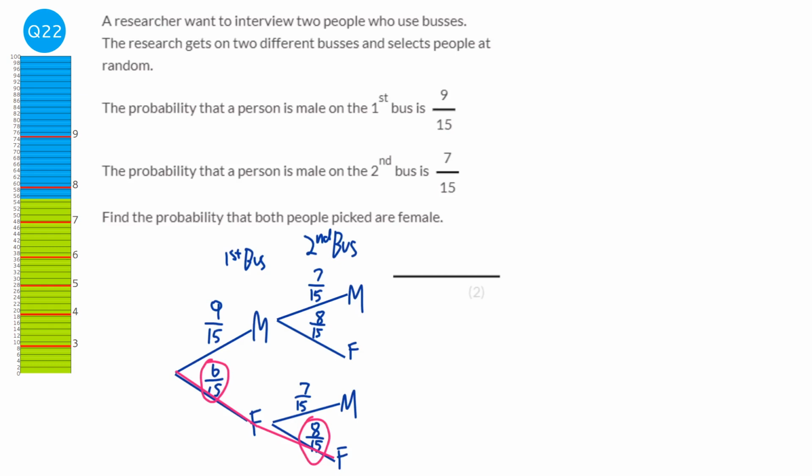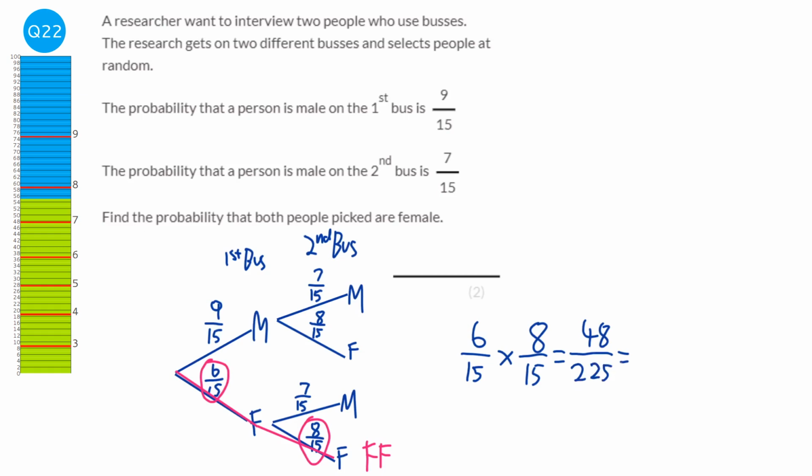So whenever you're finding the probability of getting to an outcome, so this outcome will be FF, because they're both female, you are multiplying the fractions that you go across. So it would be 6 over 15 times 8 over 15. So 6 times 8 is 48, and the bottoms, 15 times 15 is 225.